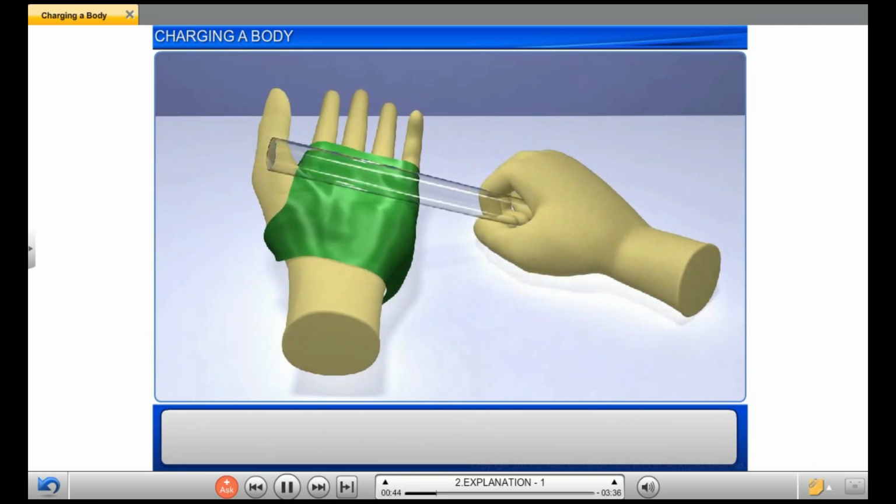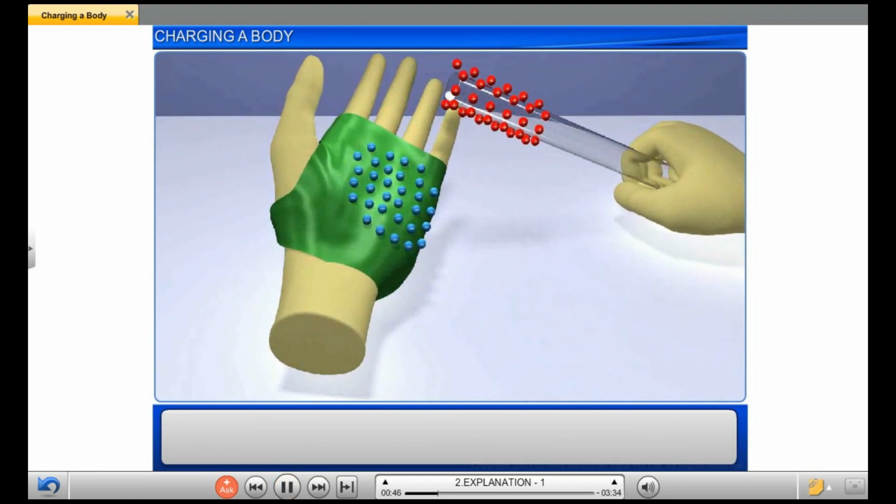When rubbed, the glass rod loses a few electrons to the silk cloth. This deficit of electrons on the glass rod makes it positively charged, and the excess of electrons makes the silk cloth negatively charged.